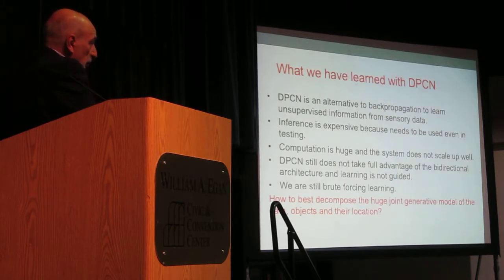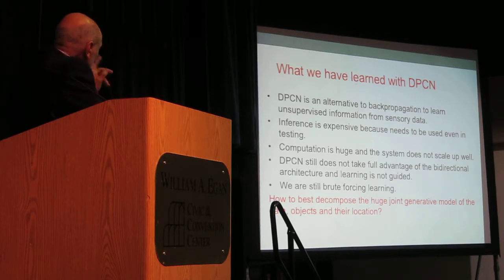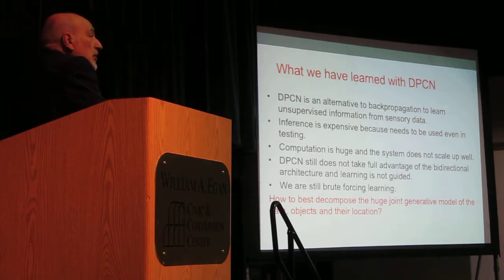So what can I conclude from what I told you? First, DPCN, this generative modeling, is an alternative to backpropagation to learn and supervise information transfer. They are not really using the decoding as everybody does in machine learning.